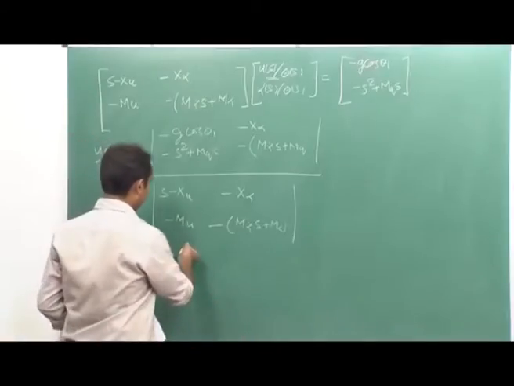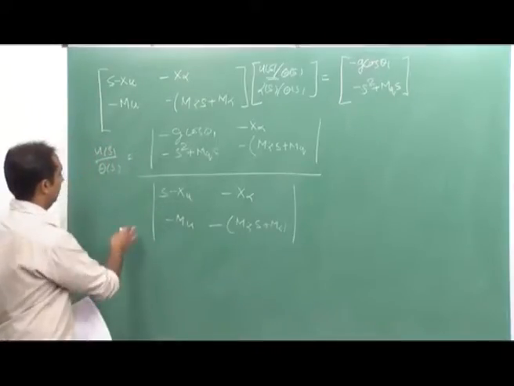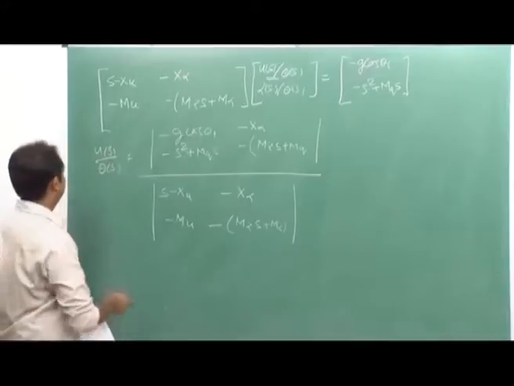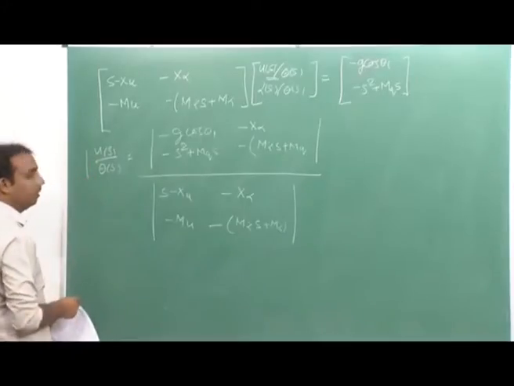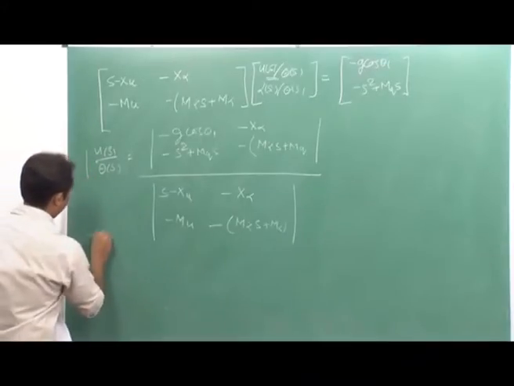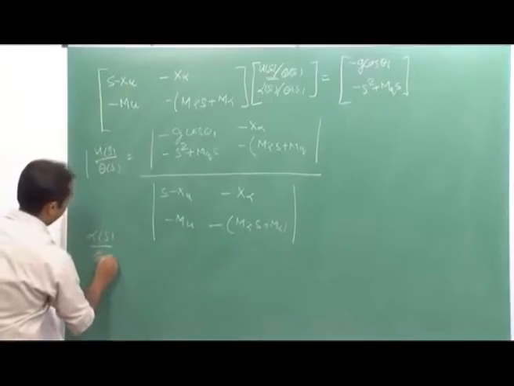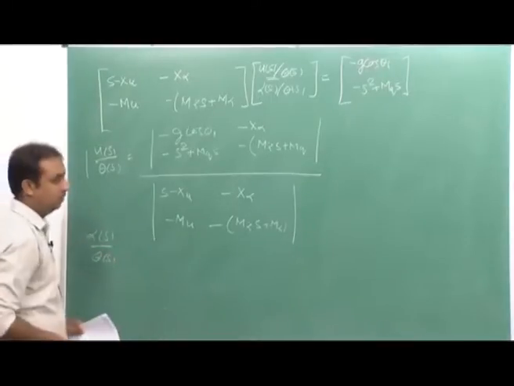Now, the denominator in both the cases, that is u by theta and alpha by theta, will be the same.